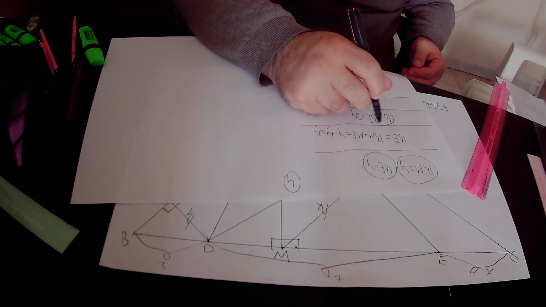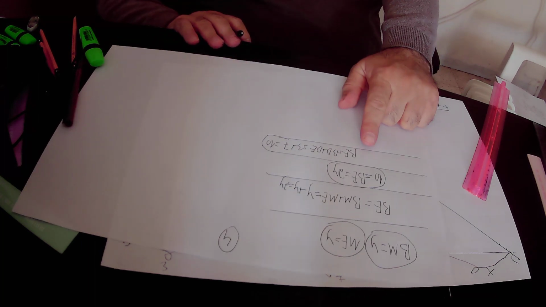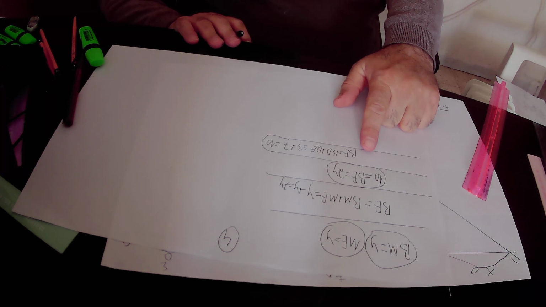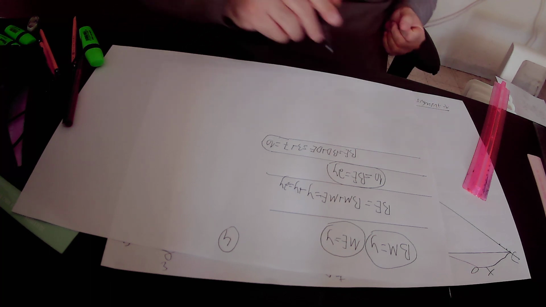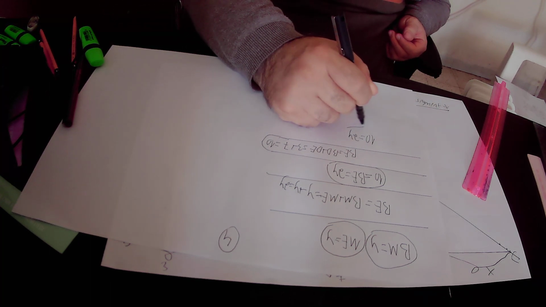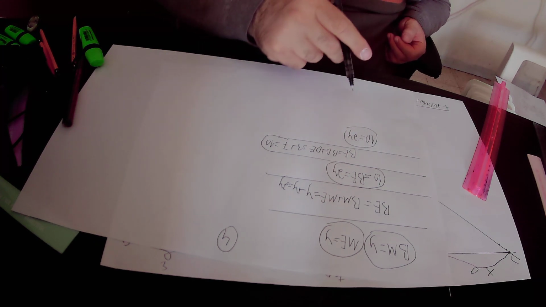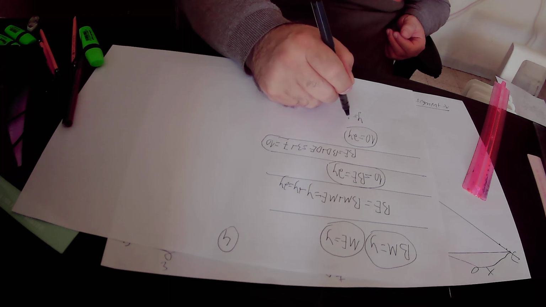So from this equation, 10 equals BE equals 2Y, we conclude that 10 equals 2Y. Here we divide this equation by 2 and we get that Y equals 5 units.